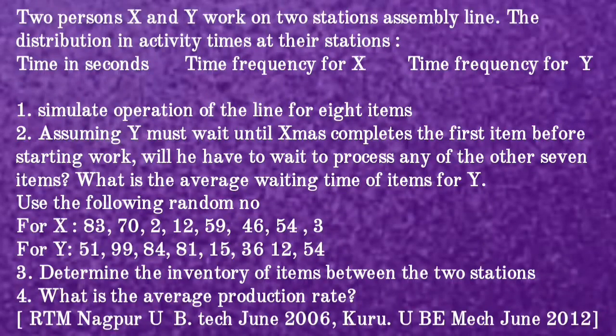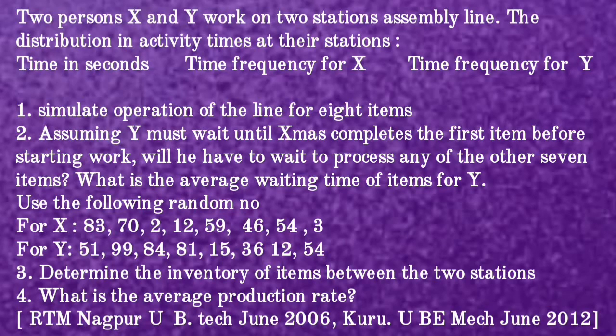Given question: two persons X and Y work on a two-station assembly line. The distributions of activity times at their stations are mentioned in the table: time in seconds, and frequency for X and for Y. First question, simulate the operation of the line for 8 items.